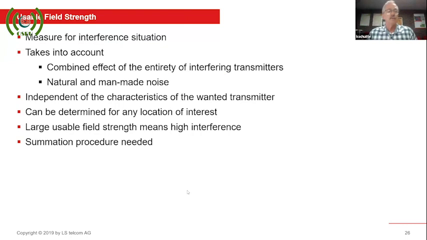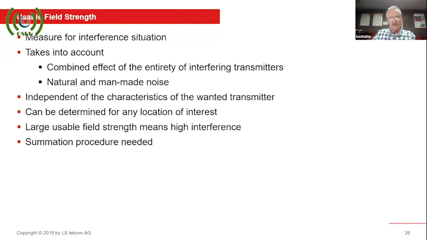So if we look at usable field strength, sorry, it measures for the interference situation. Usable field strength also takes into account the combined effect of all of the interference transmitters.